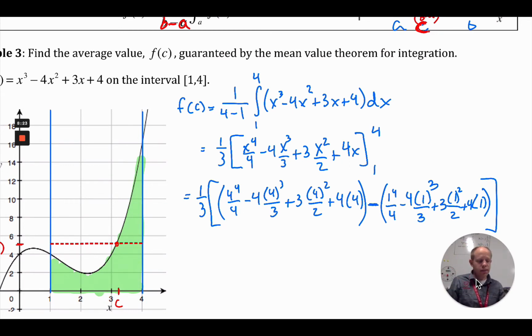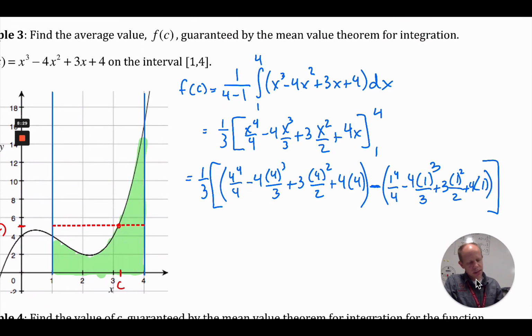All right, so there it is. Now we just have to calculate this out and figure everything. And so it actually turns out that this becomes, when we do it all, 57/4. So I'll save you the trouble of calculating that entire thing. And now we want 1/3 of that. So the area under the curve, that green part, is 57/4.